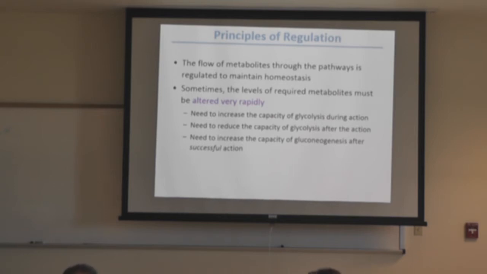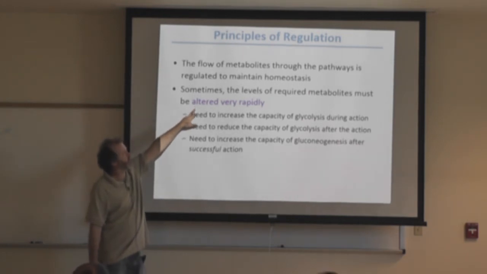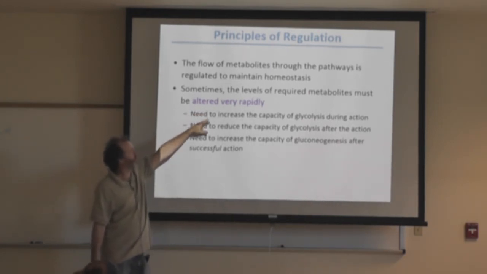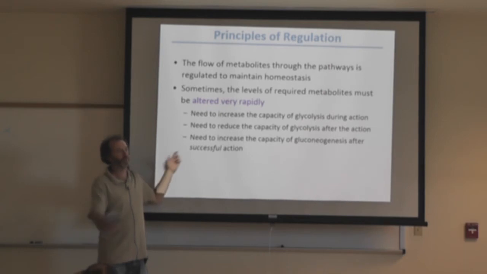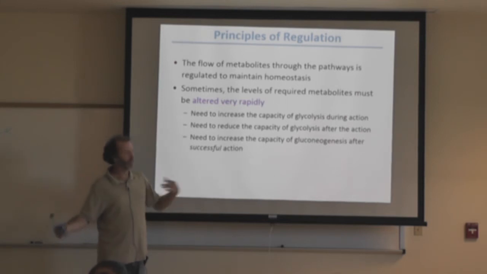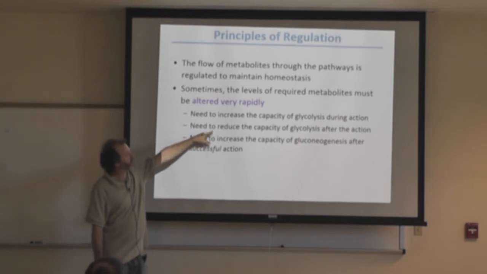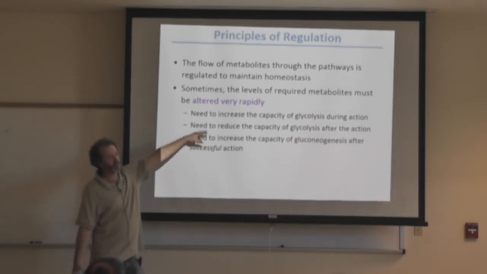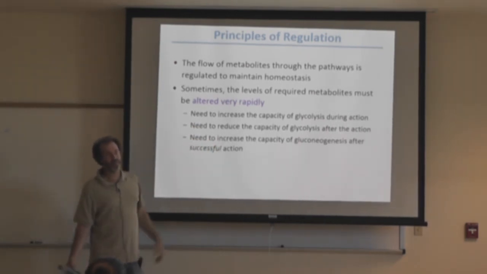So principles of regulation: the flow of metabolites through a pathway is regulated to maintain homeostasis. Sometimes the levels of required metabolites must be altered very rapidly. Stop burning sugar, and you better start storing sugar because you've got plenty of energy around and all this fuel just needs to be stored. You may need to increase the capacity of glycolysis during action, such as in fight or flight.